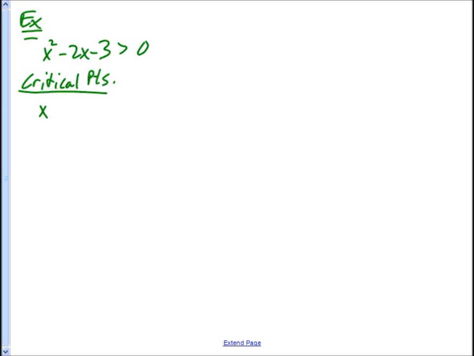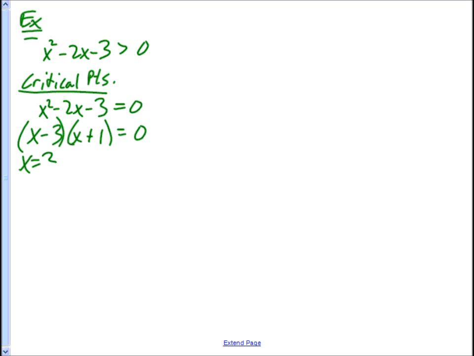Okay, so we make sure we get one side equals 0. It already is, there it is, factor. Okay, so there's our critical points, 3 and -1, right? 3 and -1 are our critical points.